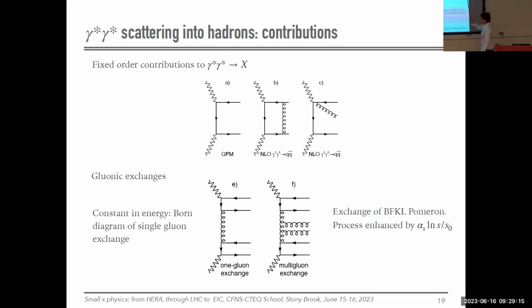These would basically fall with energy. And then you have the BFKL-like contribution. This is the Born diagram where you have one single exchange, and then single exchange with gluon emissions. This is precisely the BFKL ladder. So this one would give you a constant with energy, and this one would give you increasing energy. So this process is enhanced.